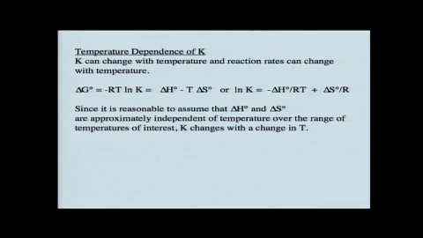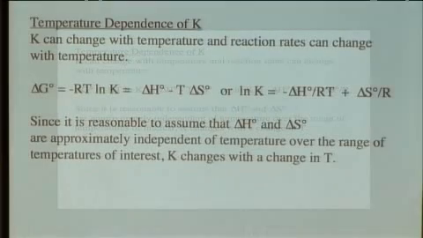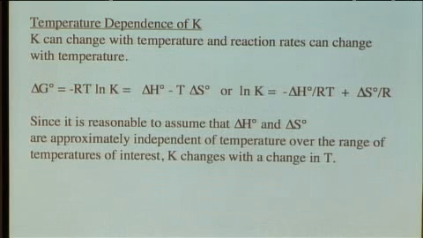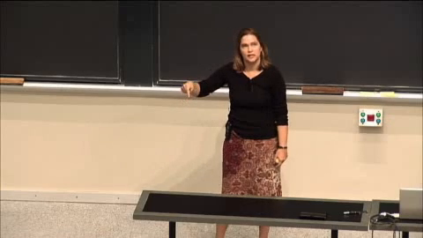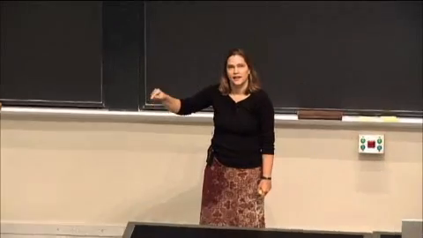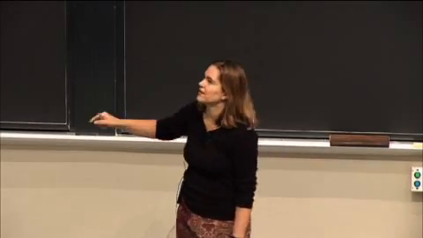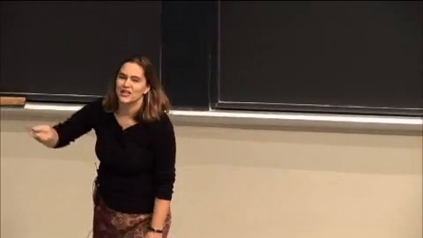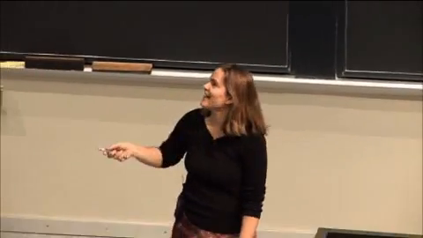We also know that delta G naught equals delta H naught minus T delta S naught. If those equations don't look familiar, then you should go back and review the material on thermodynamics, because you're going to need it in this unit, the next unit, the unit after that, and then the next 2 units, and then we're done with the class. All right, so good to get familiar with this now.